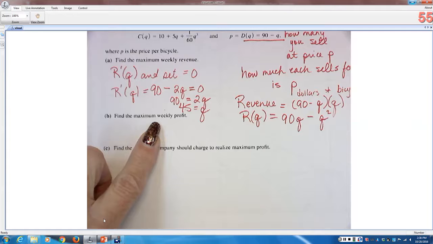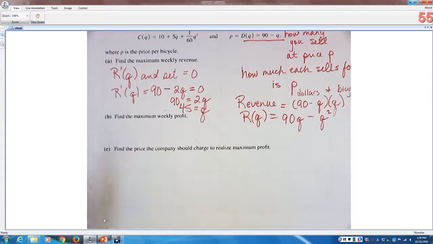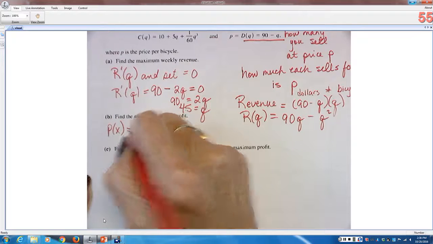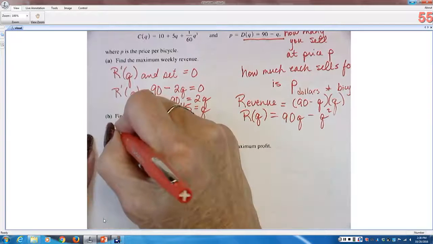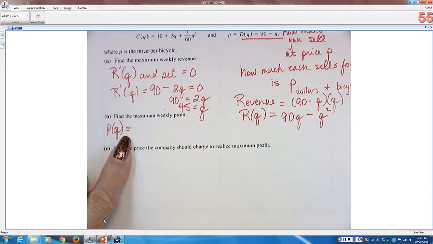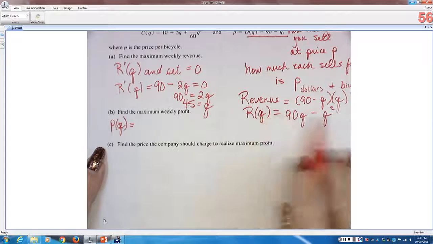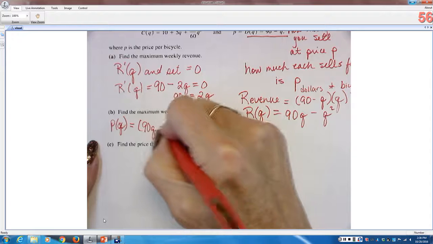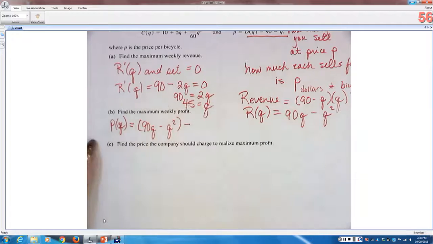Now it wants profit, the maximum weekly profit. Profit of Q bicycles is revenue minus cost. Here's your revenue. Here's your cost.